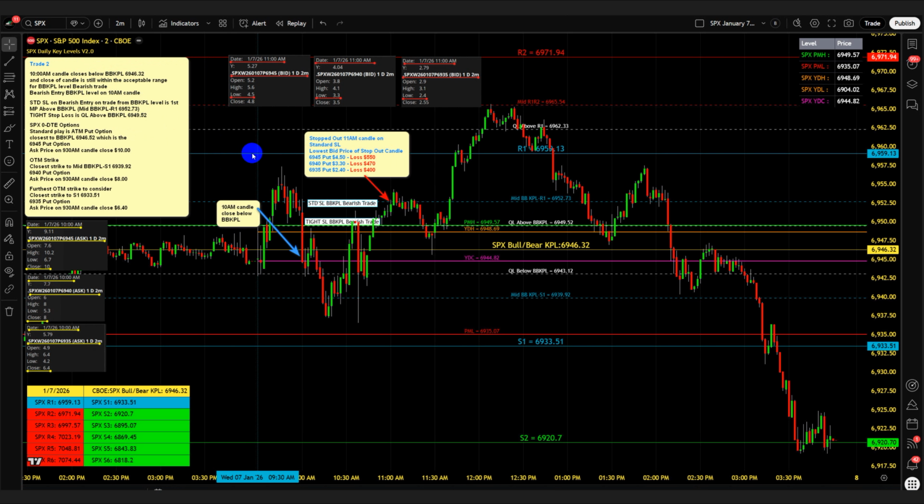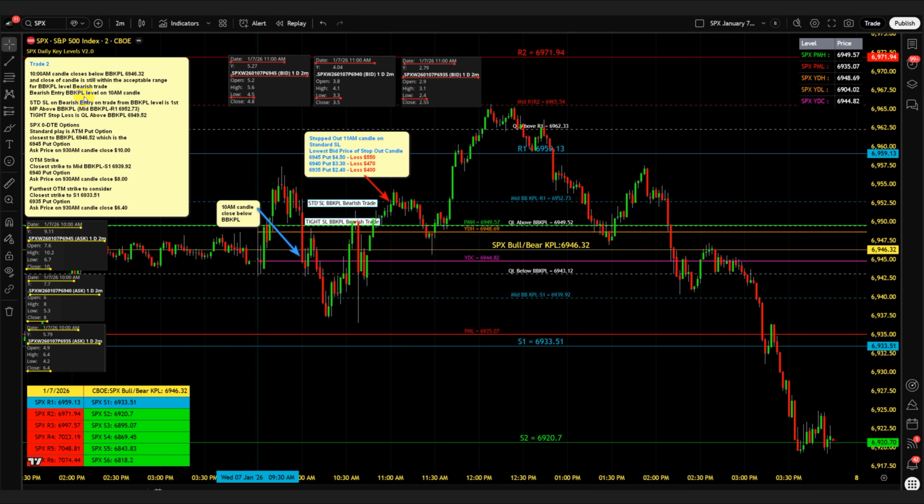Okay, so now we have trade number two. Trade number two is also a bearish trade. So remember, we were stopped out of our standard stop loss here. So the next opportunity is going to be on this candle here, which is a fairly long candle, and it breaks below the bull bear key price level and also closes below the bull bear key price level. And this close of the candle is still within the acceptable range for a BBKPL level based bearish trade.